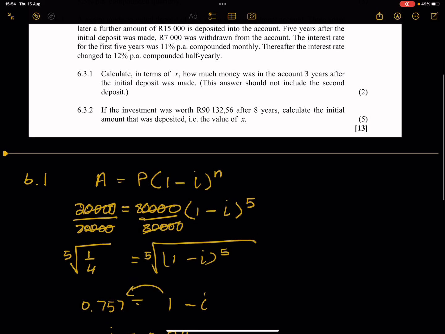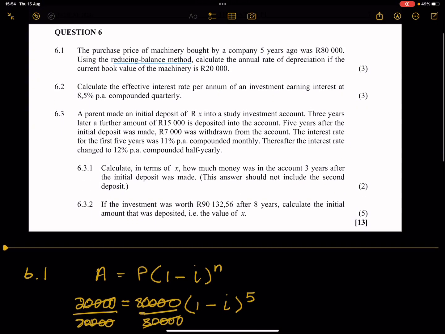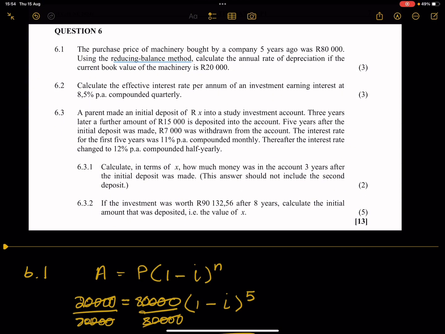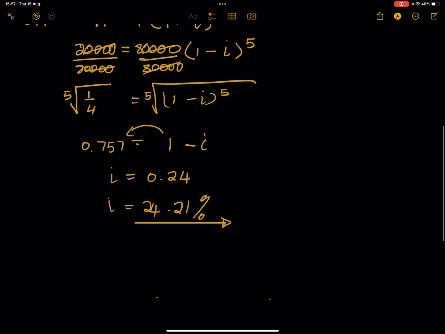Okay, so the next question, they say calculate the effective interest rate per annum of an investment earning interest at 8.5% per annum compounded quarterly. Right, so we're going to say this is 1, right, remember how we calculate the effective interest rate.